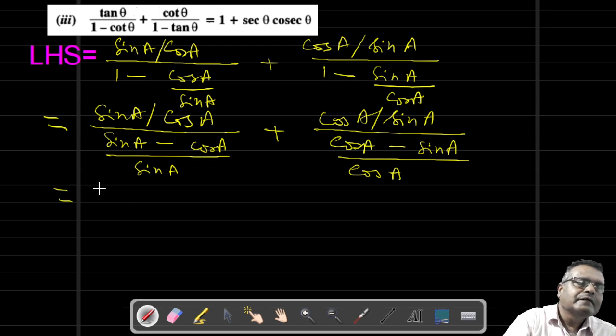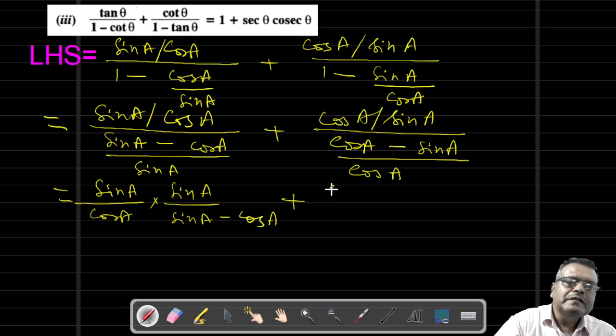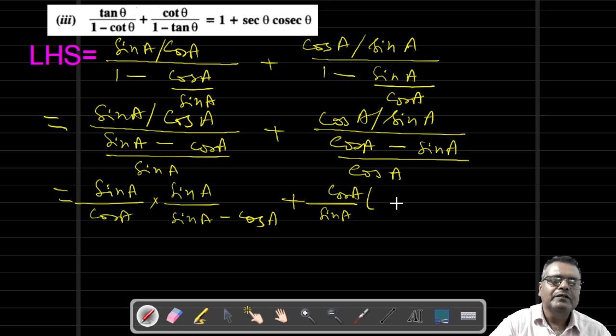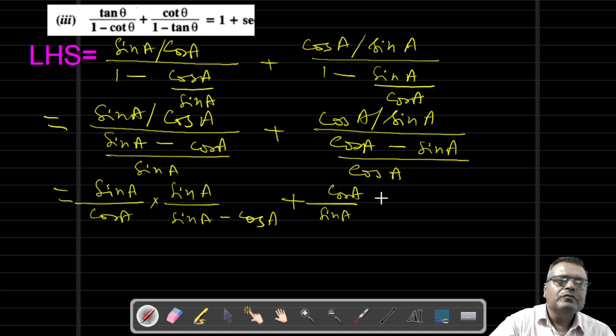You can write sin A by cos A into sin A divided by (sin A minus cos A), plus cos A by sin A into cos A divided by (cos A minus sin A).